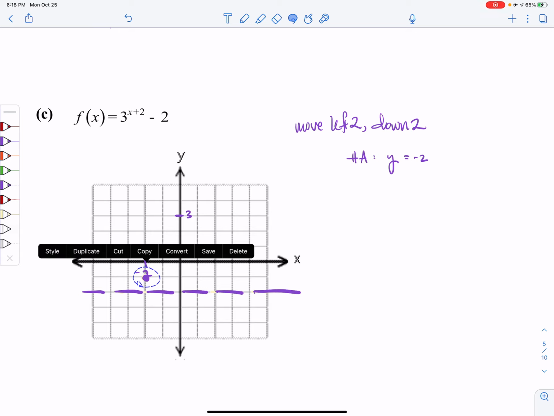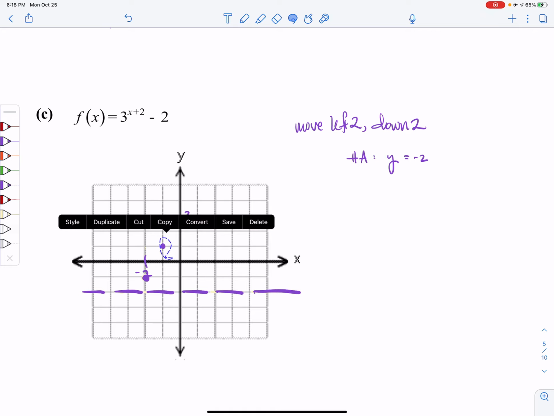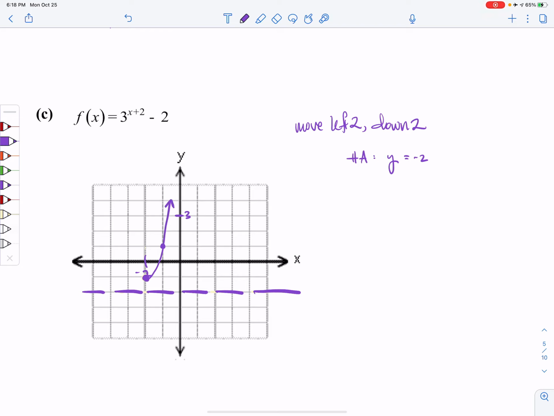And then we also would have had the coordinate 1 base, so that would have been at 1, 3. So let's shift that to the left. Oh, I don't mean to grab the 3 there. Let's try that again. Let's shift that to the left 2 and down 2. So then this is going to be the half of the graph that looks like my half of a parabola.